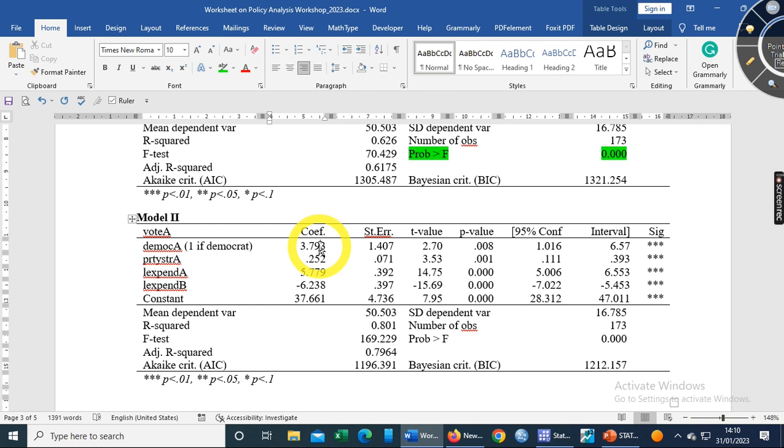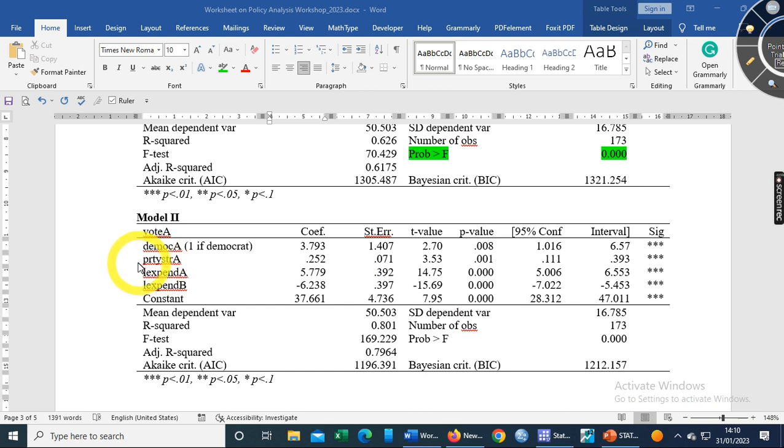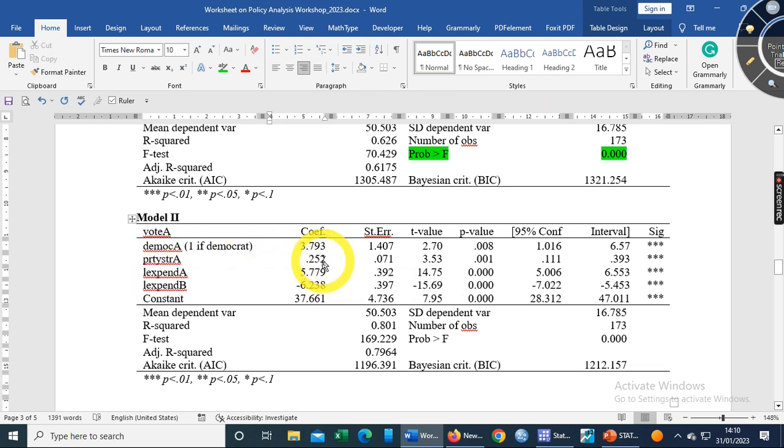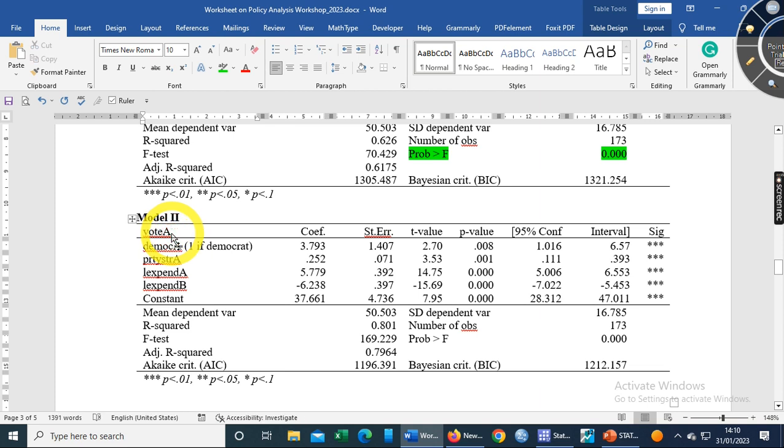More specifically, it earns 3.79% higher vote compared to a non-Democrat party. And as we interpreted so far, as percent vote for president increases, the percent of votes that goes to party A also increases. Come to the campaign expenditure.